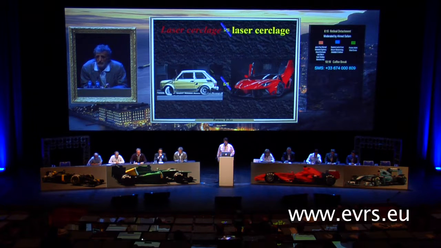Just like if you have a car on the left, you are entitled to say cars don't drive at a speed exceeding 150. But if you have a Monaco car, like on the right, then you will not say that. So it depends on what kind of laser cerclage you are performing. Mine is not 2-3 rows in the periphery.